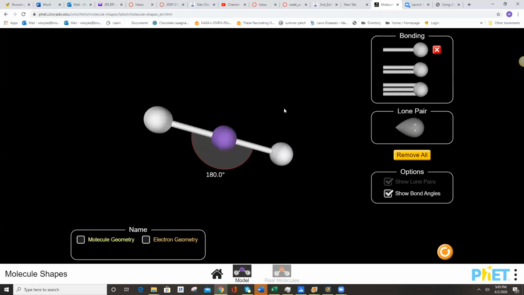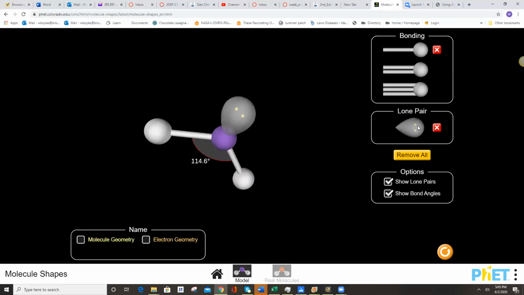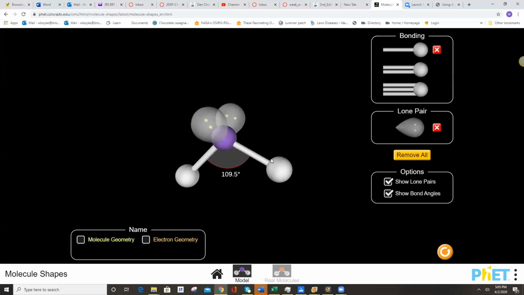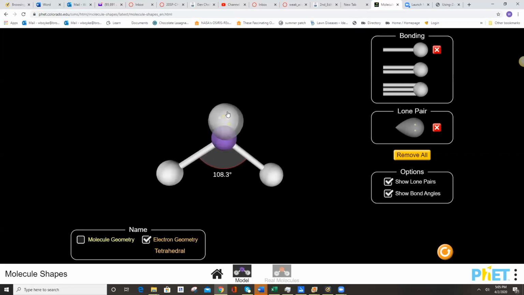If I'm putting 4 electron groups, got 2 of them in from the bonds, now let me get the lone pairs in, you're always going to get this tetrahedral electron pair geometry. 4 electron groups always matches with tetrahedral electron pair geometry, just like 2 always matches with linear. 3 always matches with trigonal planar. 4 total electron groups will always match onto a tetrahedral electron pair geometry. So our electron pair geometry is still going to be tetrahedral. Go ahead and put that up on the screen.